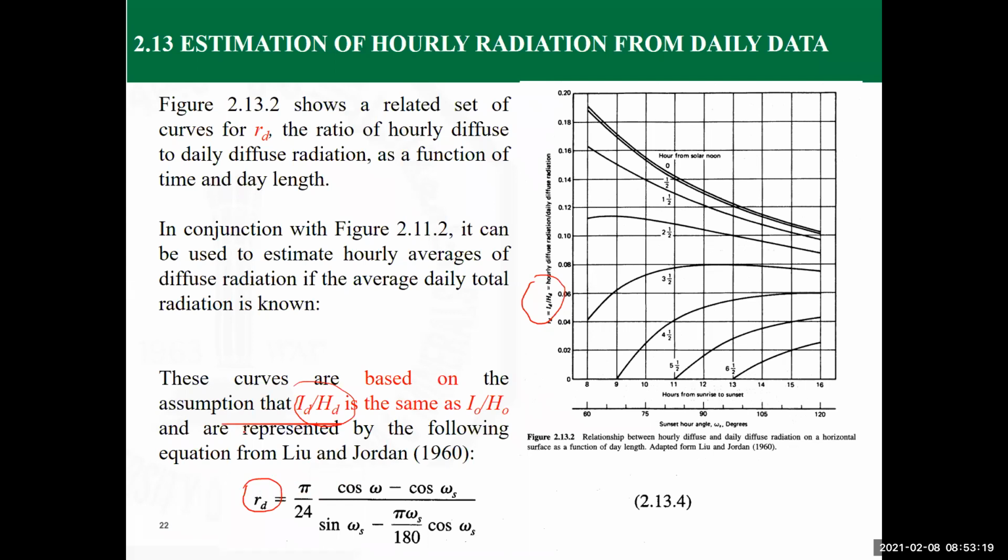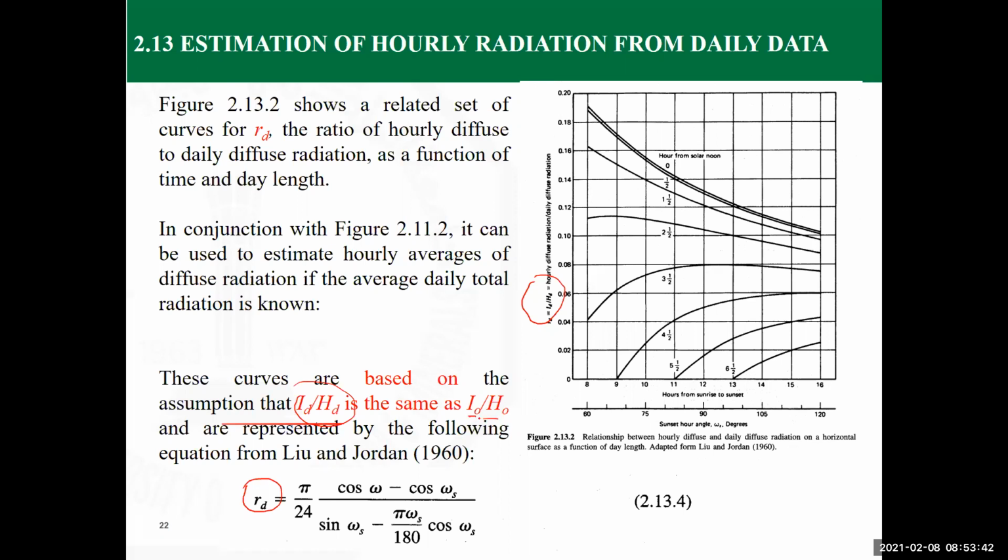And there is an assumption here, and this is the case when you are trying to convert measured data into either figures or correlations, that you have to come up with some assumptions just to simplify the calculations. So we are considering the ID over HD is the same as the I over HO. What is I over HO?